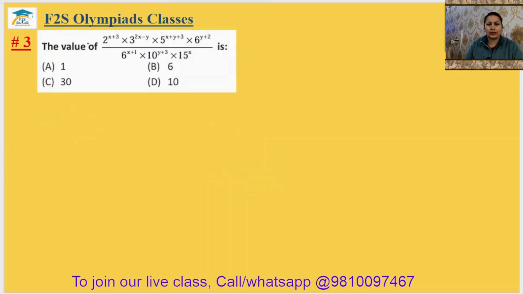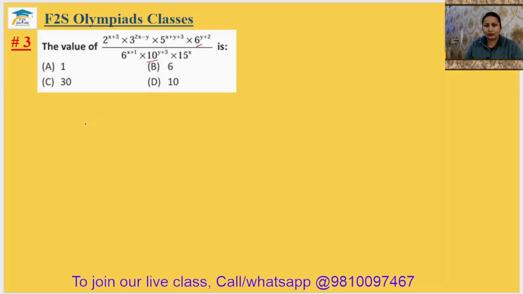Question number 3. The value of this is what? We can see here there is base 2, base 3, base 5 and base 6. So 6 can be broken into 2 and 3, 10 can be broken into 5 and 2, and 15 can be broken into 5 and 3.